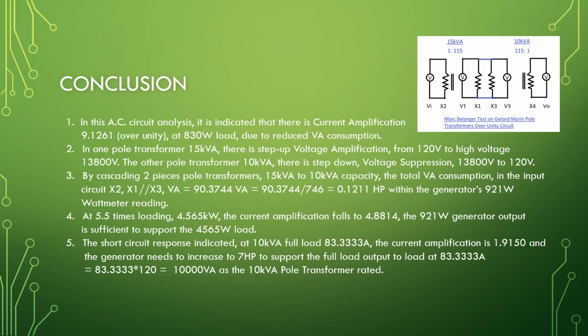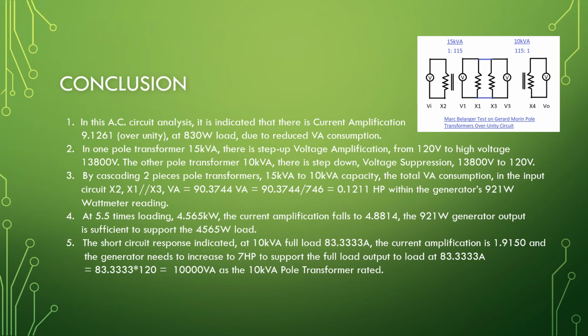At 5.5 loading, 4.565 kilowatt, the current amplification falls to 4.8814. The 921 watt generator output is sufficient to support the 4,565 watt load. The short circuit response is indicated at 10 kVA full load, 83.3333 ampere.